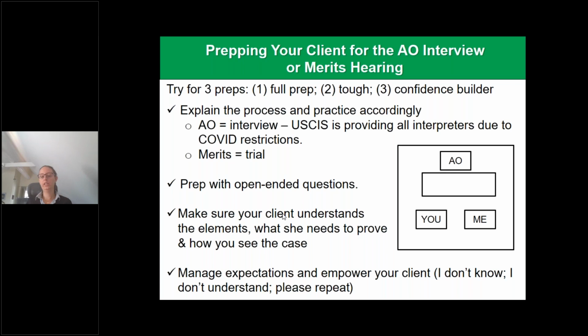You want to manage your client's expectations and make sure that they know what to expect on the day, and also explain to them, and empower them to answer questions with "I don't know" if they don't know the answer to a question. Make sure that they advocate for themselves if they don't understand a question or didn't hear a question properly.